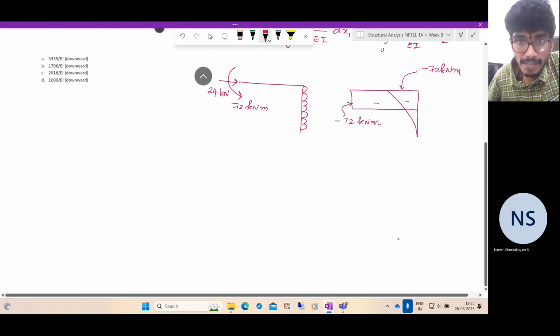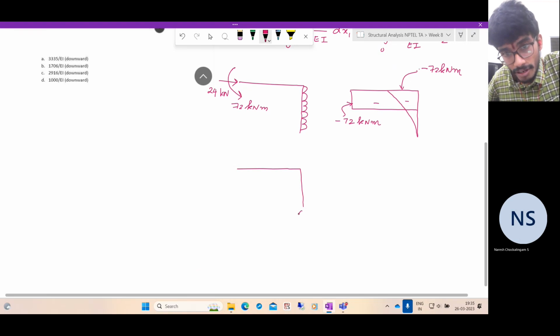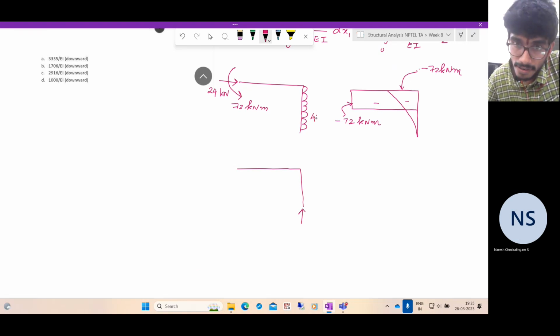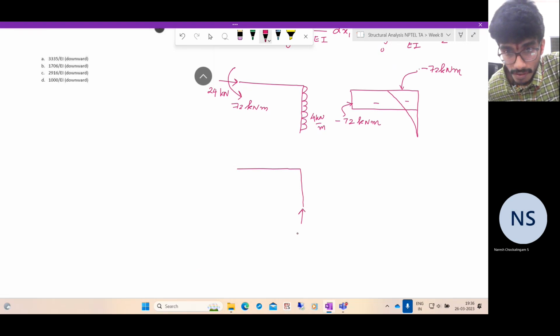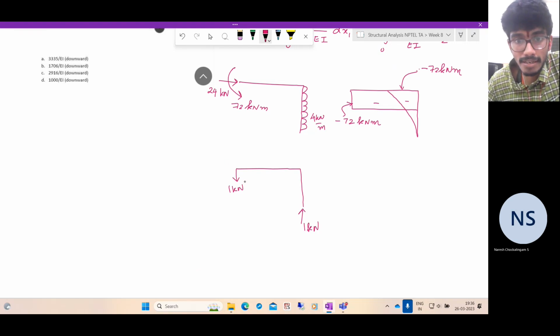What is the virtual bending moment diagram? In the virtual diagram, you have an upward force of 1 kilonewton, which means the reaction will be opposite. You will have a reaction of 1 kilonewton here. There will be no horizontal force. And what will be the bending moment? The applied force causes a moment of 1 counterclockwise, and this will be clockwise.